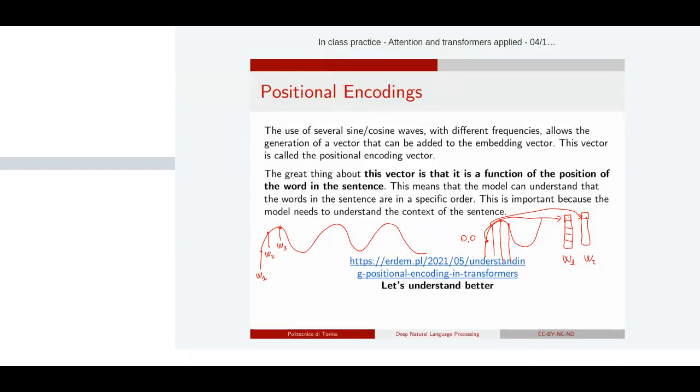For word 1, word 2, and word 3, we have a vector representation, and the first cell in this vector is given by this sine wave. Then we have another sine wave that can have a different frequency, with the same spacing between them. The second element will be part of this sine wave. So each different sine wave gives a different position in the positional encoding vector.